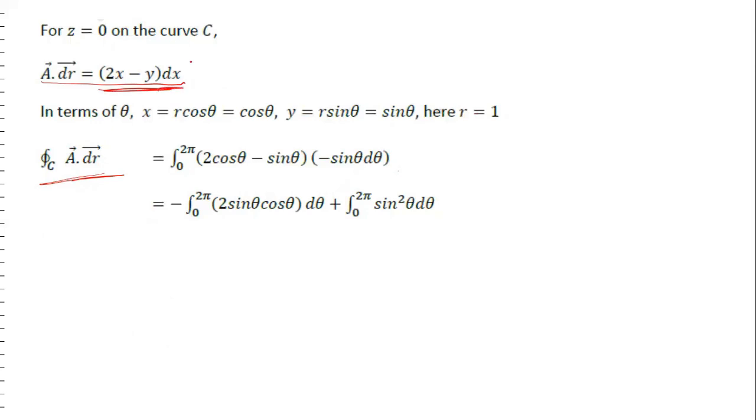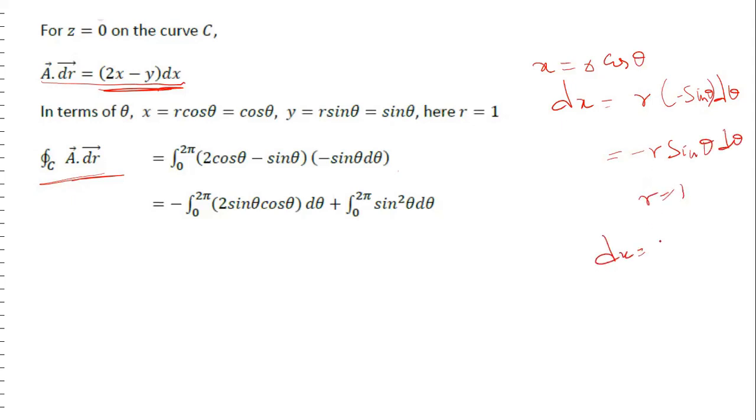So this is dx. Since x is r cos theta, dx is r times the differentiation of cos theta, which is minus sine theta d theta. So dx will be minus r sine theta d theta. Your r is 1, so dx is minus sine theta d theta.